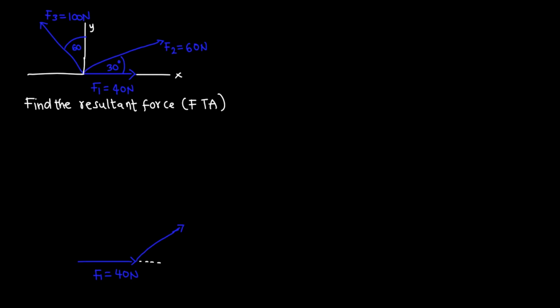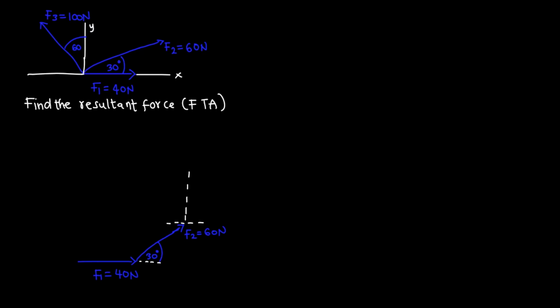Okay, so this is F2, and that has a magnitude of 60 Newton, and it makes an angle of 30 degrees with the horizontal. From there I'm going to have F3. F3 makes an angle with the vertical axis, so let's do that also. I'm going to draw the axis here.